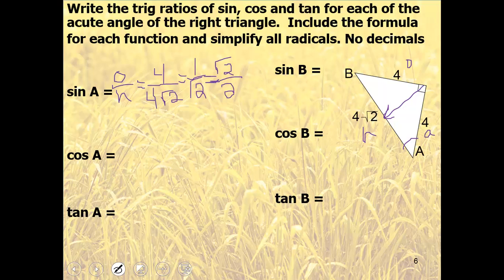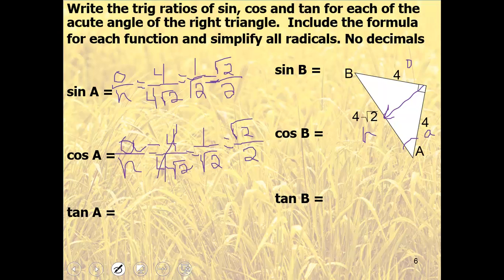The cosine of A is adjacent over hypotenuse. Caught that one. And it is going to be the same thing. If you look at it, you get 4 over 4 square roots of 2. Those cancel. 1 over the square root of 2, which simplifies to the square root of 2 over 2.